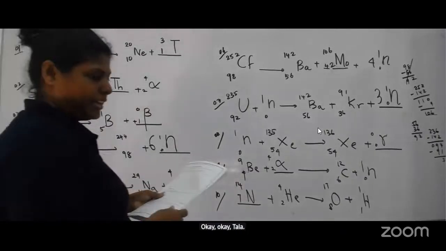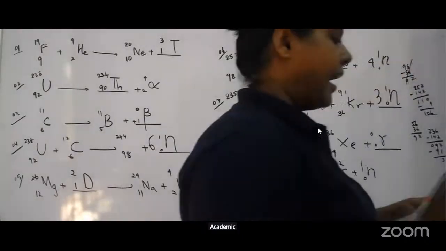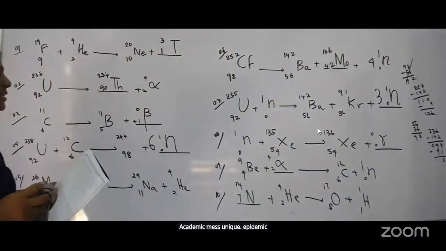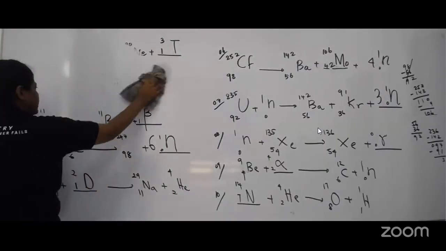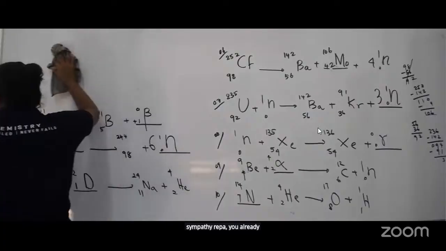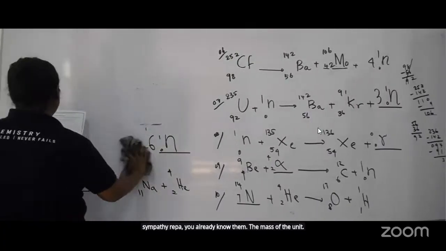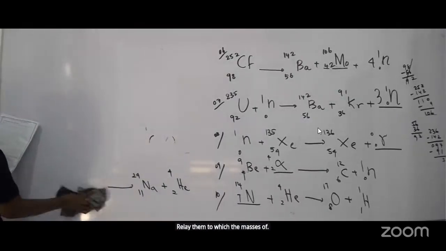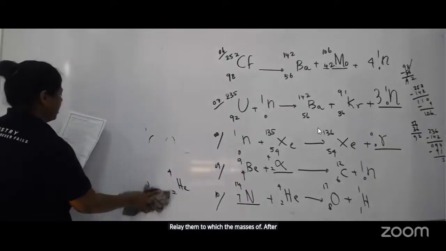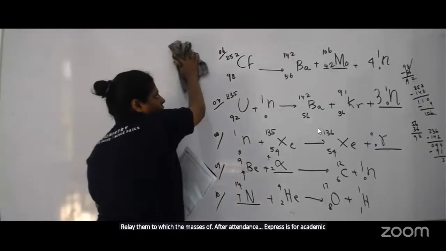Right, then look at page number 12. Atomic mass unit, atomic number and mass number. Simple theory part, you already know that. The mass of the unit relative to which the masses of other atoms are expressed is called the atomic mass unit.